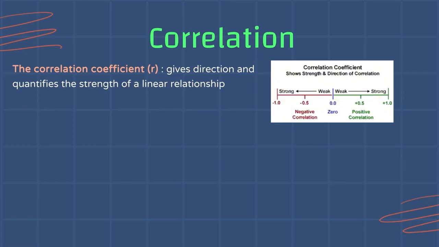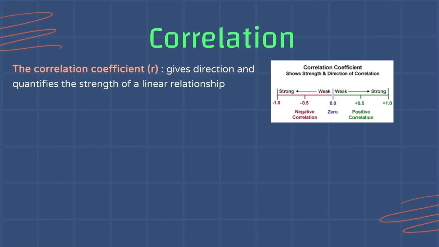That's why there's a negative sign. But if it's +1, it's very strong, and it's positive. If it's 0, the closer it is to 0, the weaker it is. 0 is a weak correlation. There is no correlation at 0.